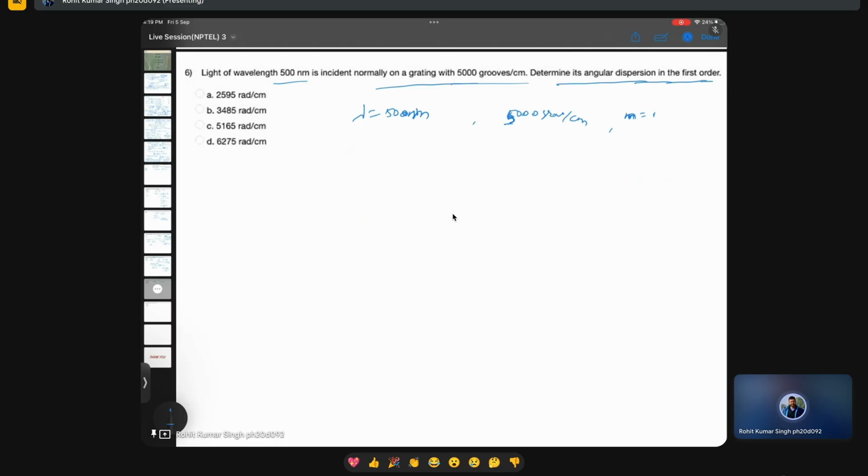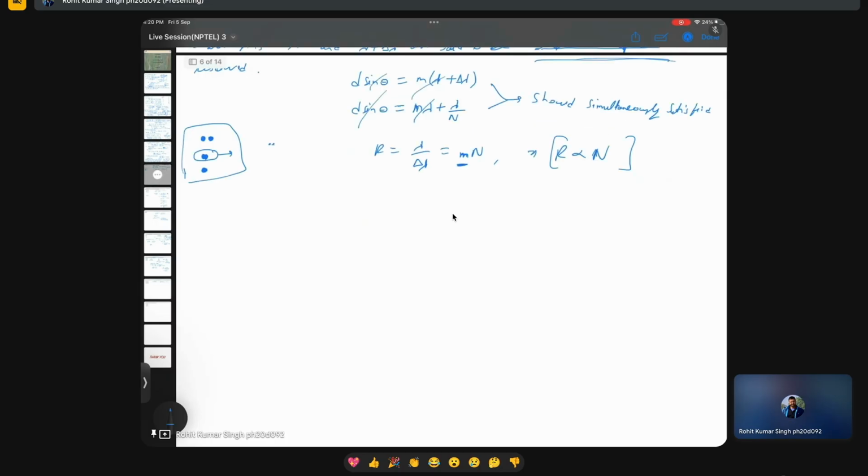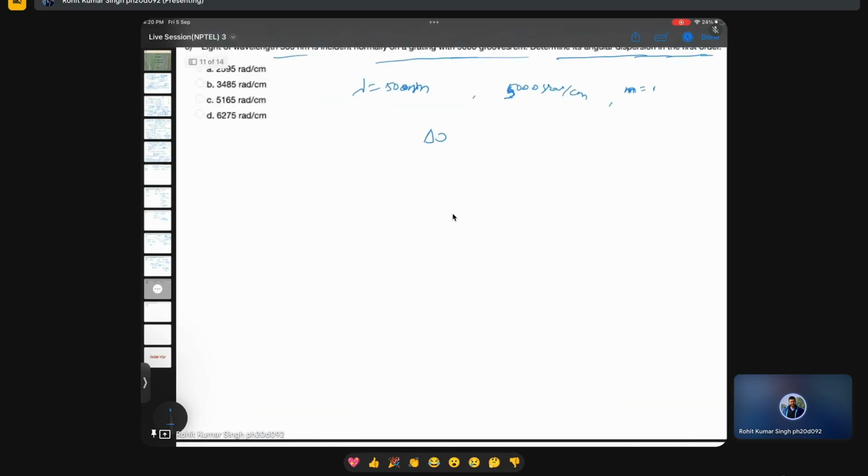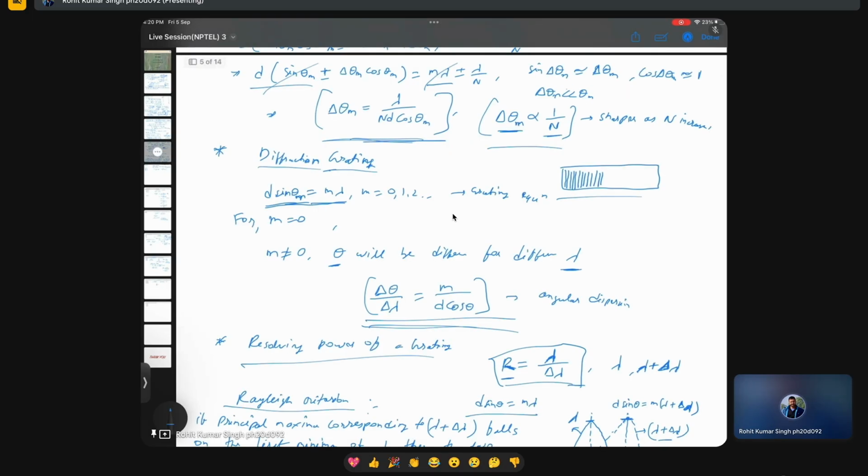So we have the formula for angular dispersion, this one: delta theta by delta lambda is equal to m by d cos theta.